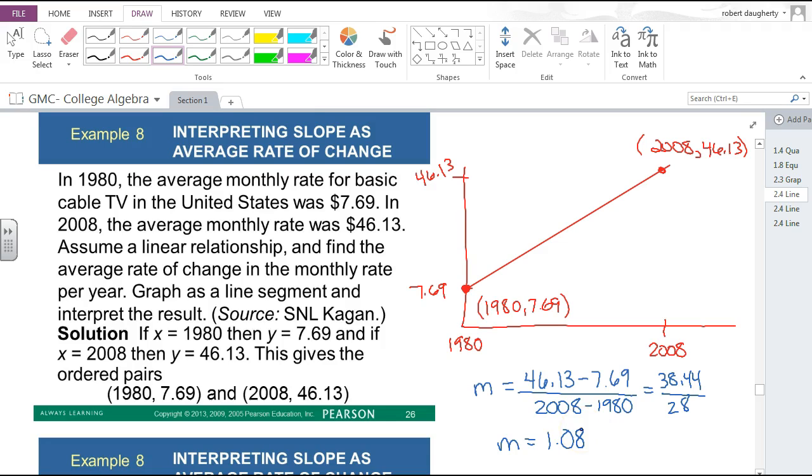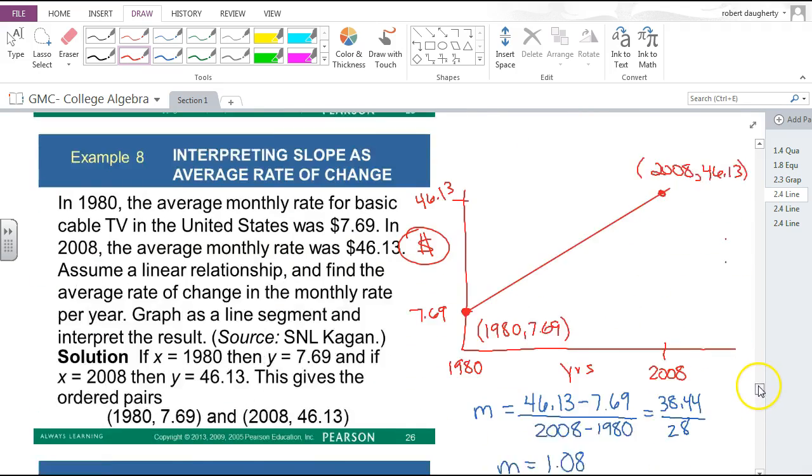So the slope of that line is 1.08. But here's where you've got to put it in context of what this is. This represents the dollars in my monthly cable rate. This represents years. So that tells me on average, the rate of the cable went up $1.08 per year.